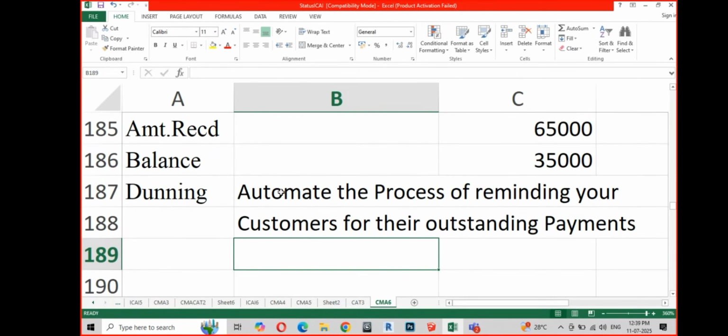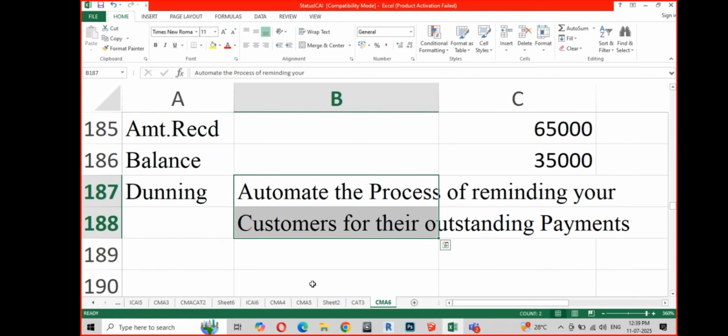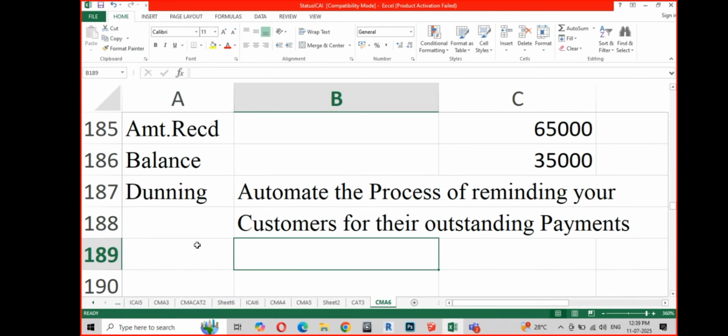This also is a very interesting process. So the concept of sending timely reminders to your customers that they need to pay us money is through a concept called dunning.